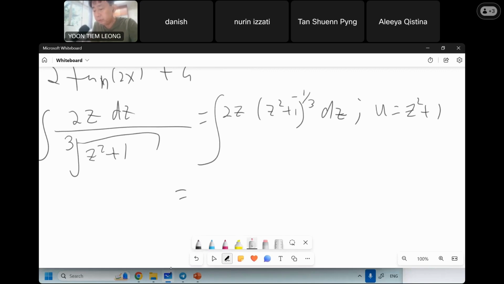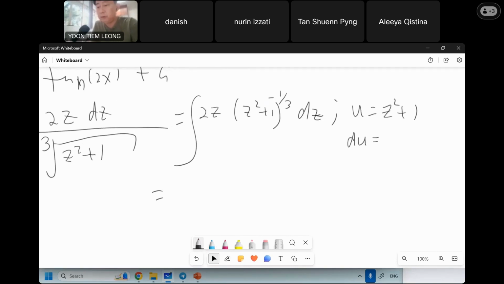So that when you differentiate and obtain the differential of u, you bring down the factor of 2z dz, so that this 2z will coincide with the factor of 2z here, and you have dz, which is here.